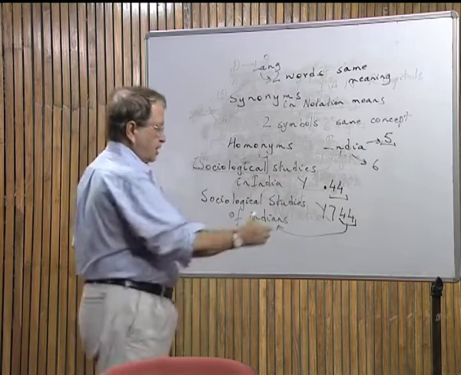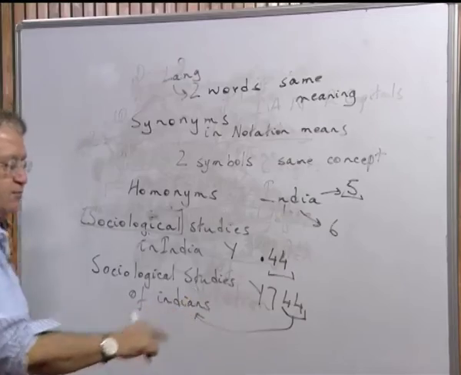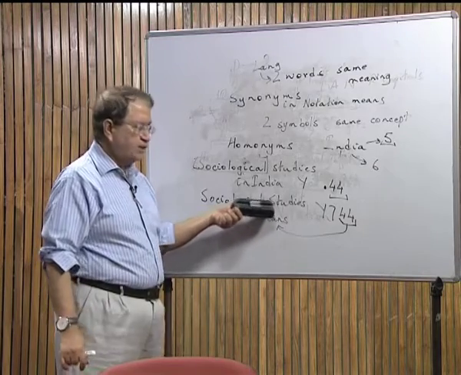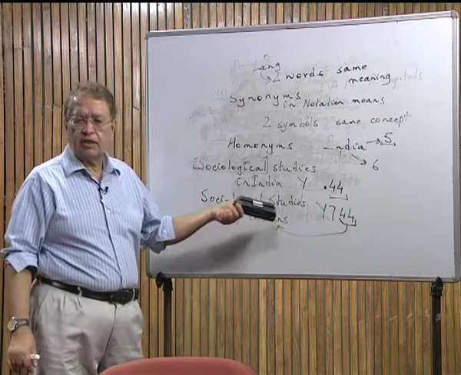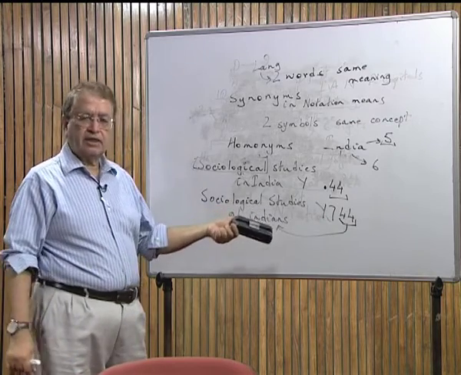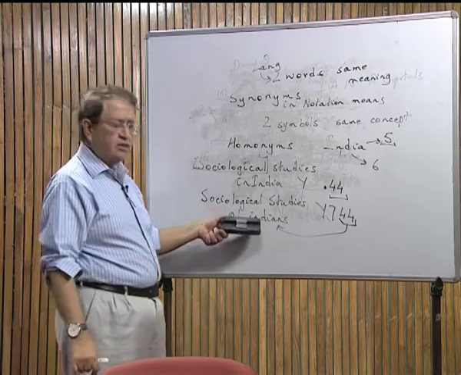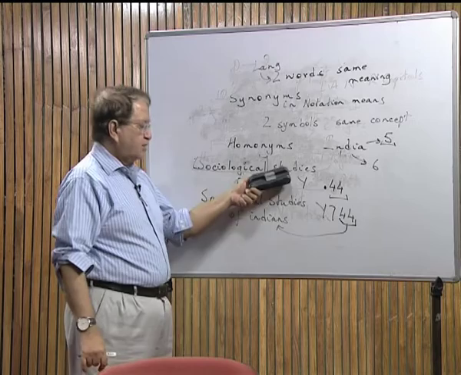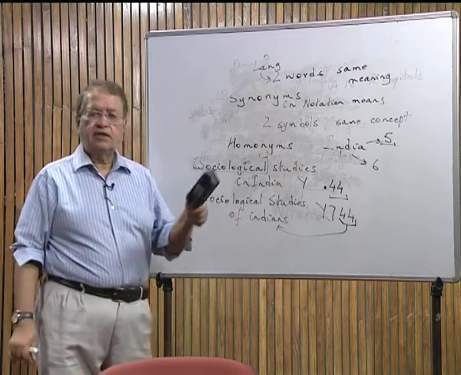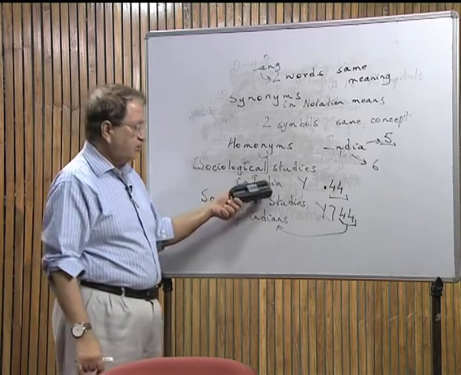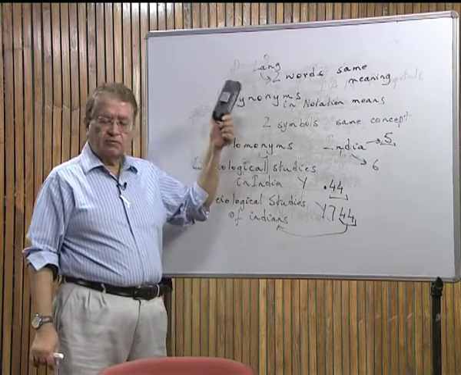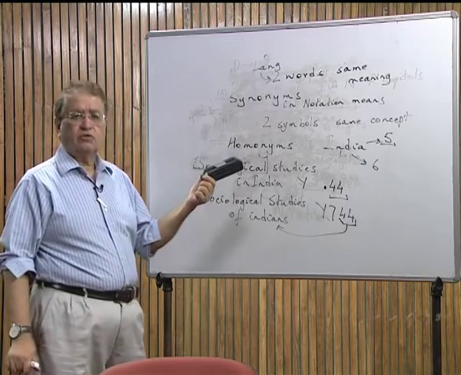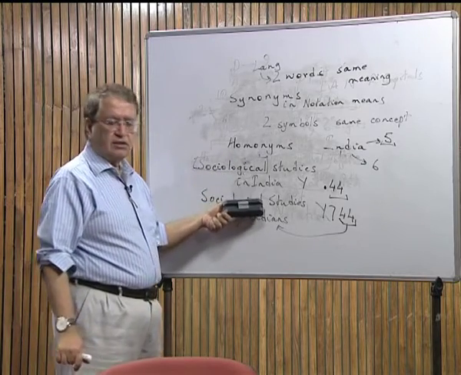are not created. Here it is sociological studies of India, meaning Indians are the focus of study and the studies can be carried out by Europeans, it can be carried out by Americans, it can be carried out by Africans, anybody can carry out sociological studies of Indians. This number on the other hand represents sociological studies in India that have been done in India. Now, these studies may be studies which focus on people in UK or Germany or France or USA and so on, but this is different and this is different.